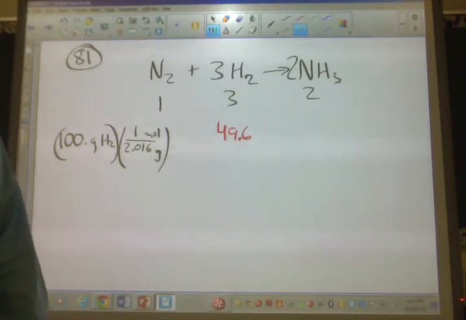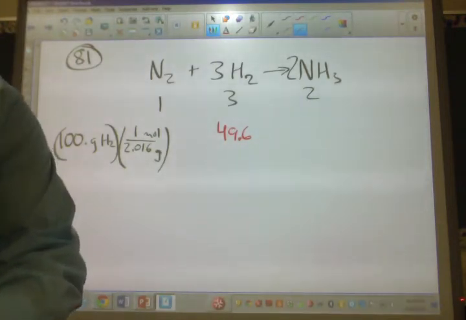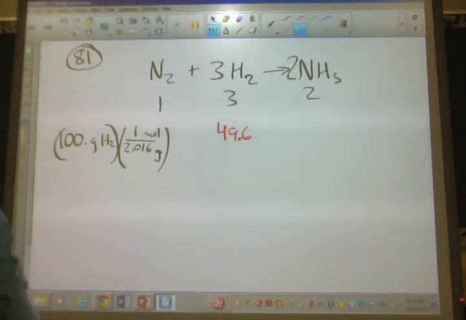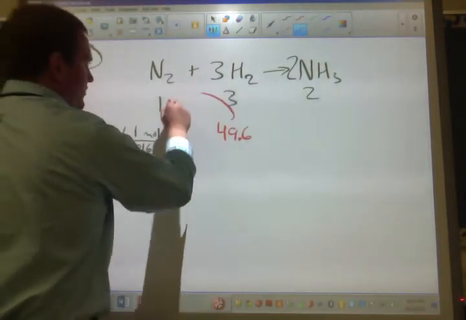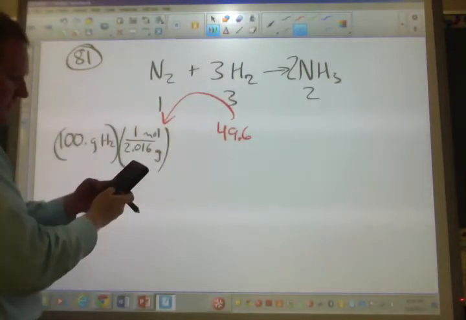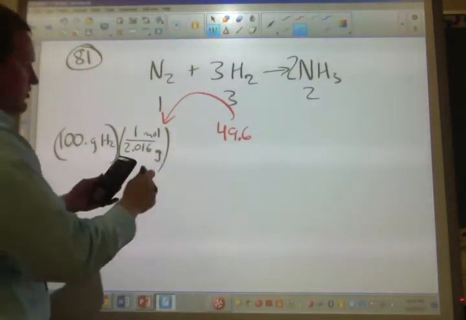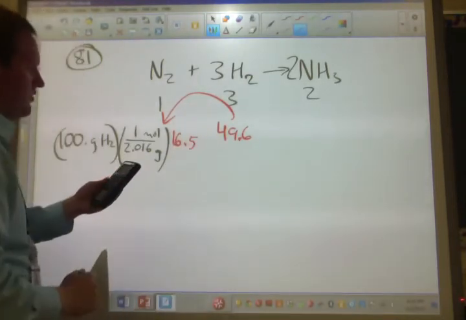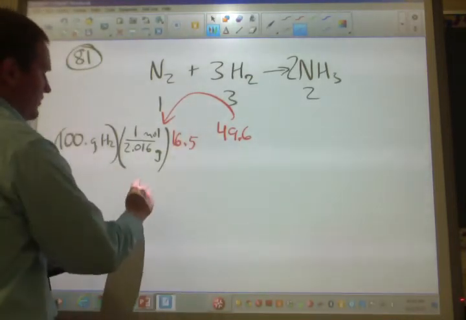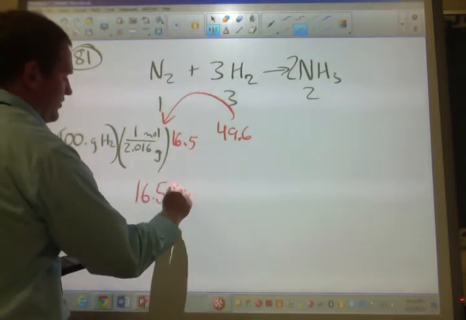So the question says, how many grams of N2 are required? Well, it's a 3 to 1 ratio here. So 3 to 1 means we're going to divide this by 3, which gives me 16.5 moles of N2. 16.5 moles.